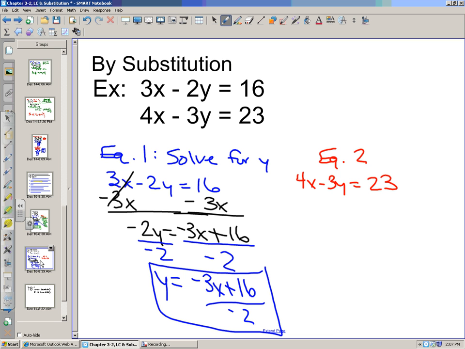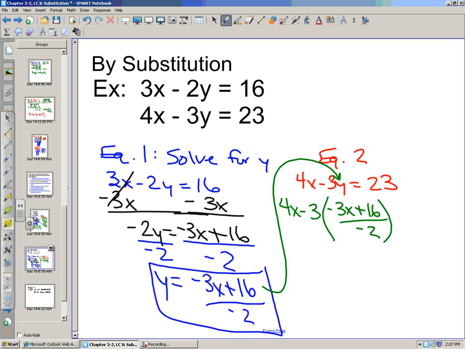Now, I am going to substitute in what my y is, all right? So I'm going to have 4x minus 3 times negative 3x plus 16 all over negative 2 is equal to 23.